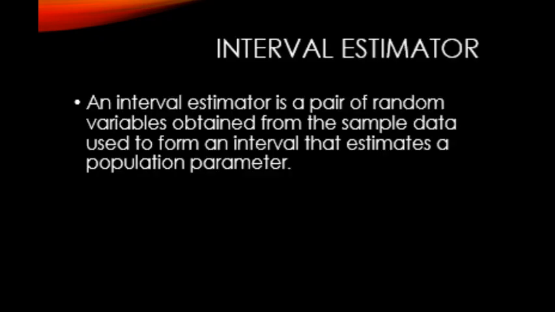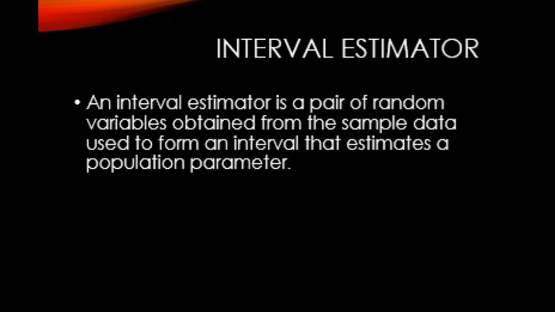This distribution of the sample mean will now be used to create an interval estimator. What is an interval estimator? An interval estimator is a pair of random variables obtained from the sample data. Instead of a point estimate, one single value, we have an interval, a range of values, as an estimate.